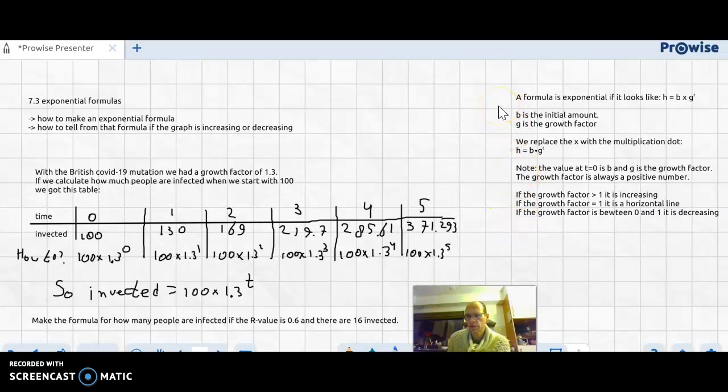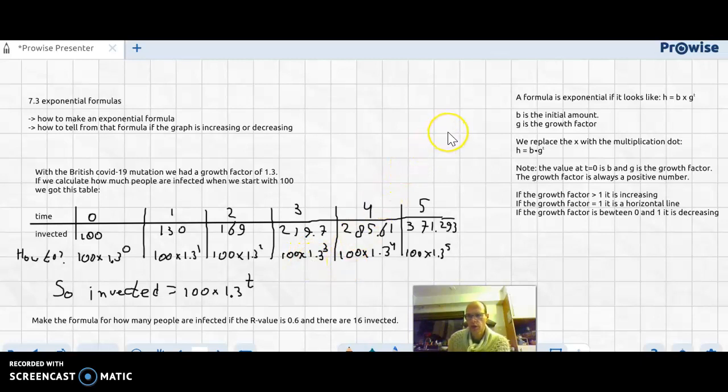If you have an exponential formula, it looks like H is b multiplied by g to the power of t. The b is the initial amount, the amount at time is 0, where we start. The g is the growth factor, what you need to multiply by to go from 0 to 1 or from 3 to 4.